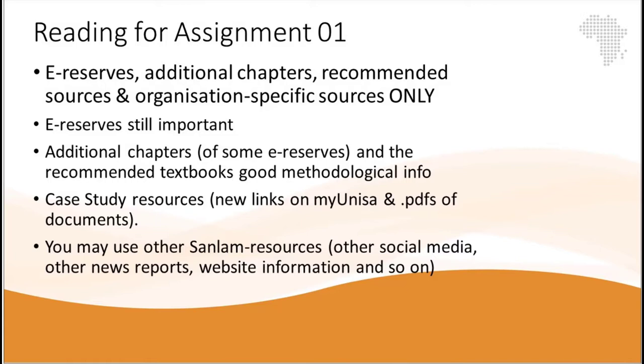So, for instance, you may not use a website or Wikipedia page about research approaches, for instance, or you may not use an outside source for information on a paradigmatic position. It's still only the module sources, but now also the additional and recommended sources as indicated in your 101.